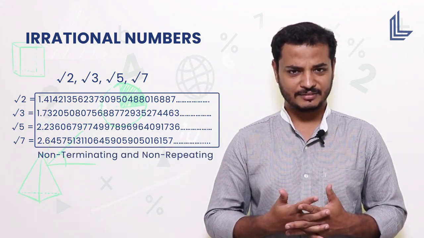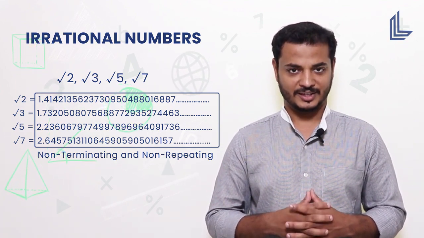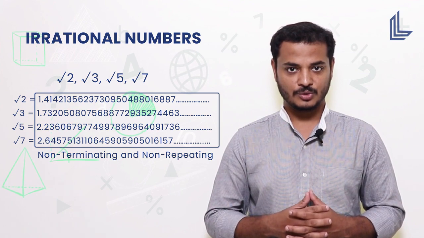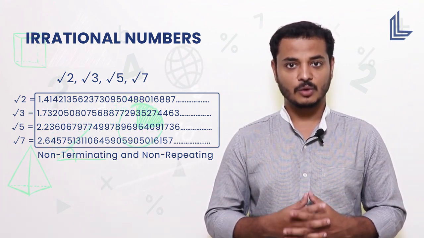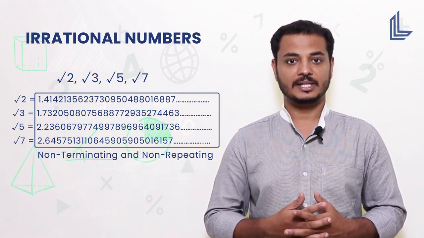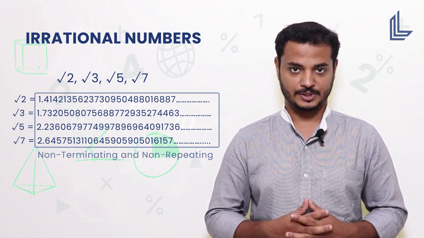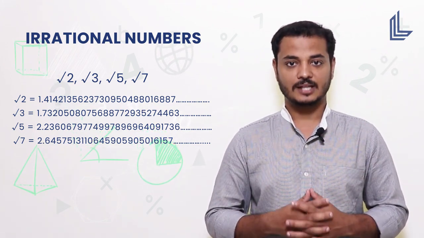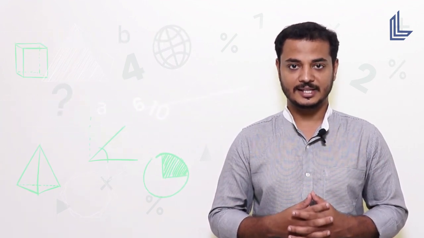Now, can you find a definite pattern that keeps on repeating? Not really. So, all non-terminating decimals without any pattern, in other words, all non-repeating, non-terminating decimals are irrational numbers. So that's how you identify an irrational number if it is given in the decimal form.